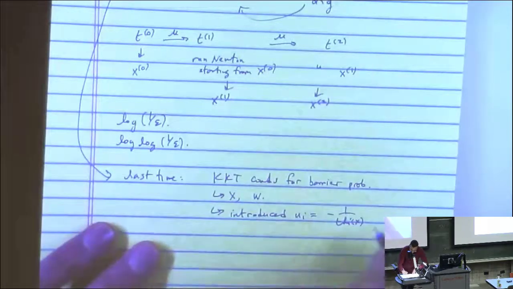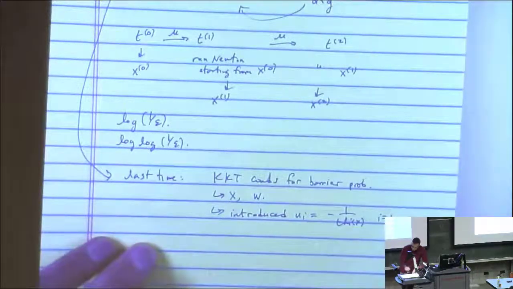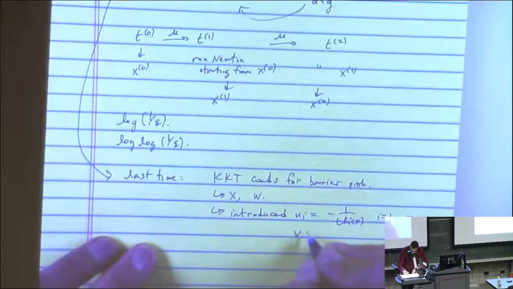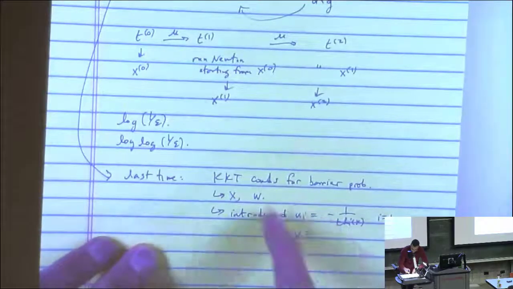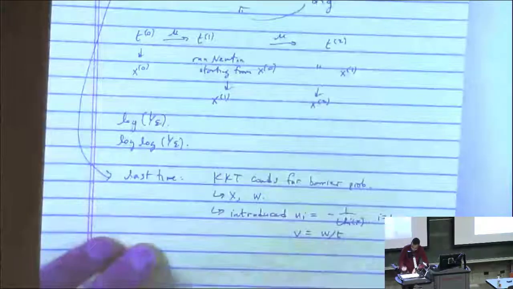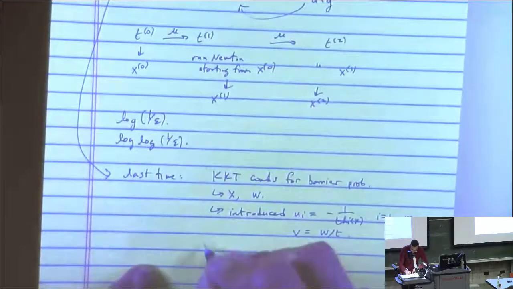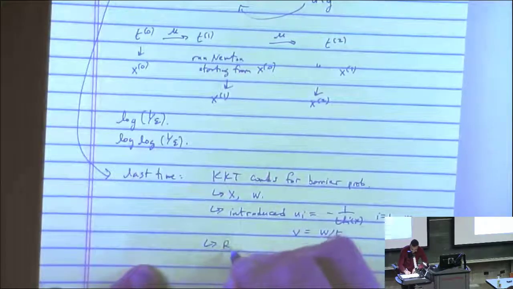And this was true, we defined this for each one of the inequality constraint functions. And v, which we defined as this dual variable for this equality constraint in the barrier problem, we just scaled this by t. And we then rewrote the KKT conditions in terms of x, u, and v.